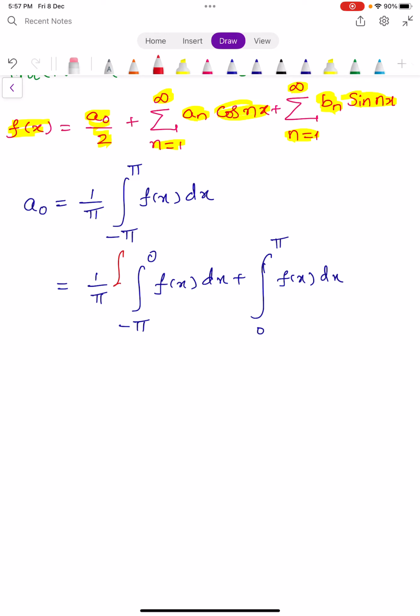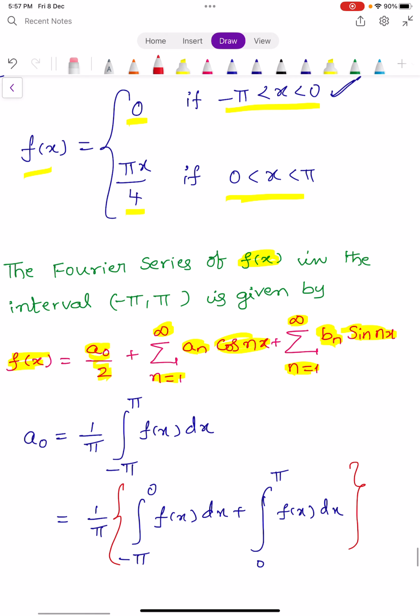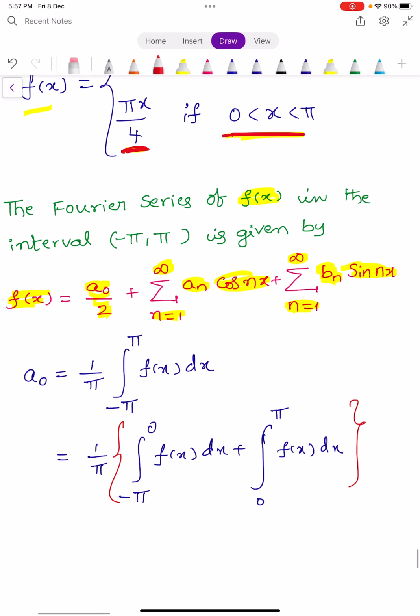Here 1 by pi is multiplied for both the integrals. By the definition, the function is 0 whenever minus pi is less than x less than 0, and the function is pi x by 4 whenever 0 is less than x less than pi.